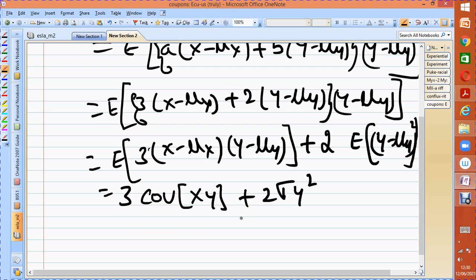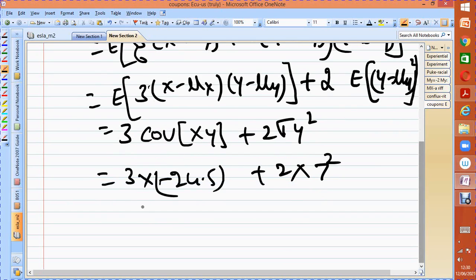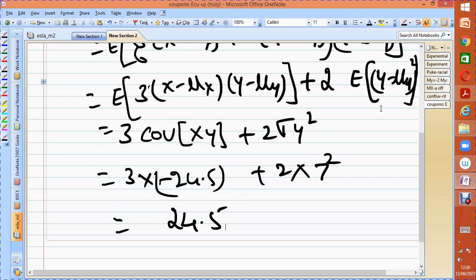Now you have all the values, substitute. 3 into covariance, which we calculated as minus 24.5, plus 2 into sigma y square, which is 7 square. If you simplify and solve, you will get the answer as 24.5. So this is the last problem that we have solved.